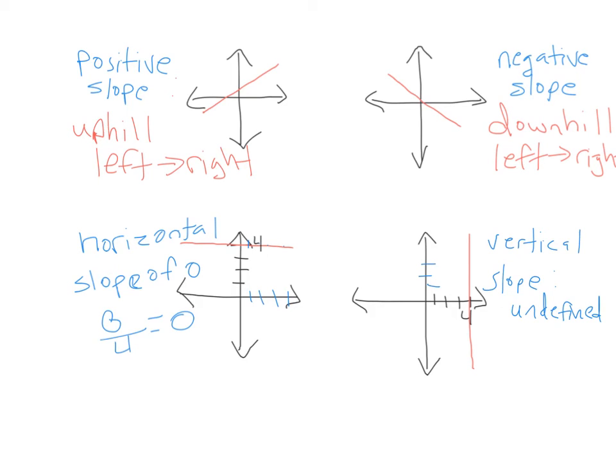I could decide to go up 4, but I'm not going left to right, so that's over 0. 4 divided by 0, you can't do it, it's undefined. So vertical lines always have a slope of undefined.